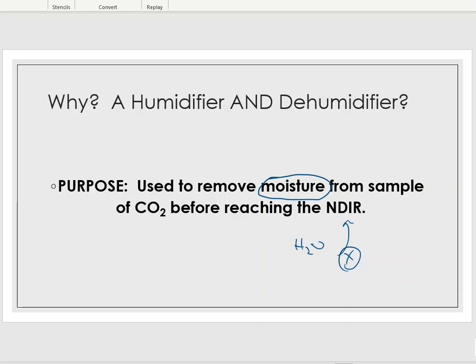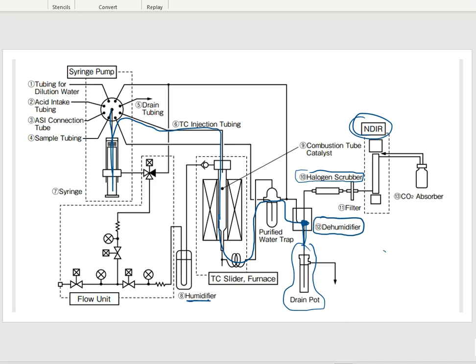So the concept is, if I go back to the schematic, we do have a humidifier, and the humidifier's purpose is to give this constant moisture throughout the entire analysis every day with every sample. And then at the end of this, before it goes into the detector, any extra moisture that still might be there has to be removed.